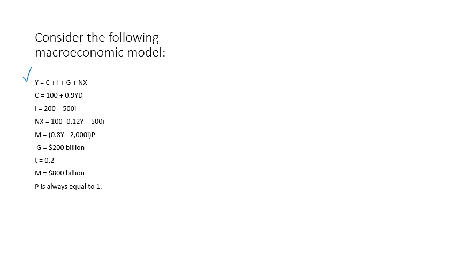NX is net exports. So let's see the second function, C, meaning total consumption, is equal to 100. So what is 100? Well, 100 is autonomous consumption.